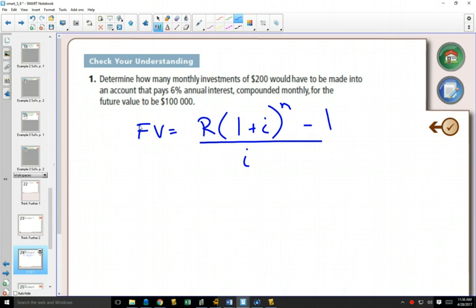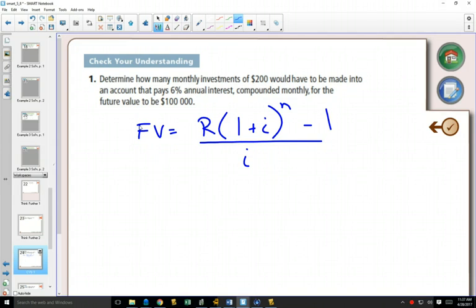So we want to figure out how many monthly installments or investments of our $200 would have to be paid into an account that pays 6% annual interest compounded monthly for the future value to be 100,000. Again, when you get this on an exam, each of the variables in the question would be explained.